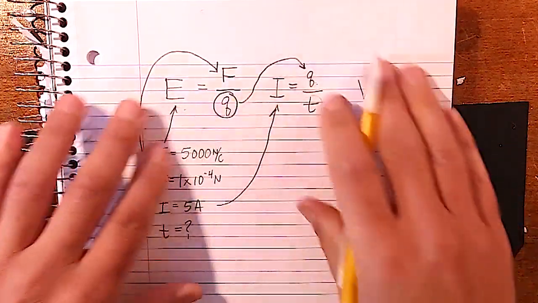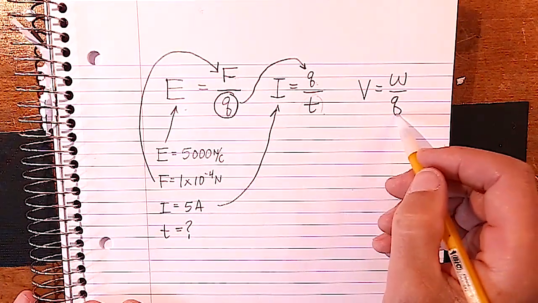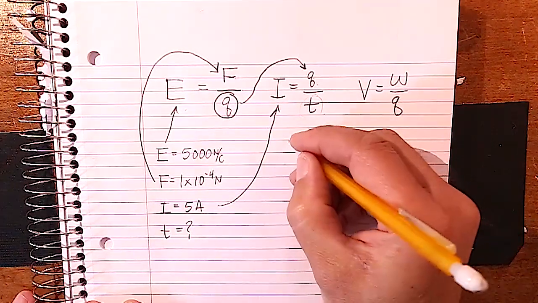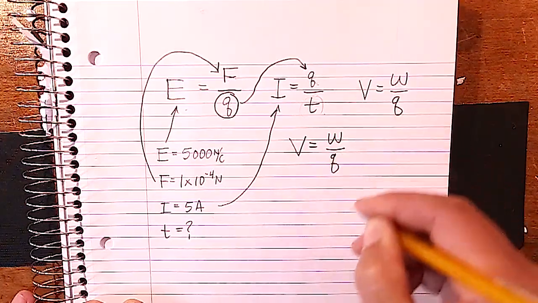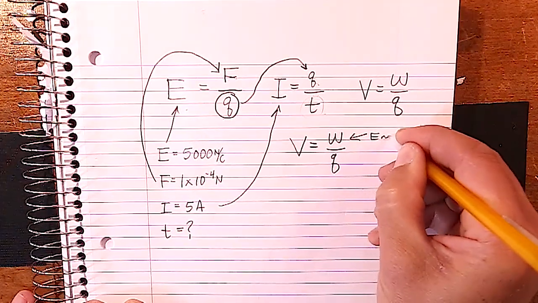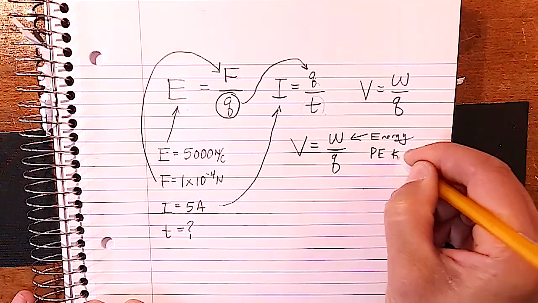So we could do this in many different combinations where maybe they ask you to solve for Q here, and then use that Q in either one of these two formulas. One last thing, I mentioned that V is equal to W over Q, and we know that that's energy, and that energy could be potential or it could be kinetic.